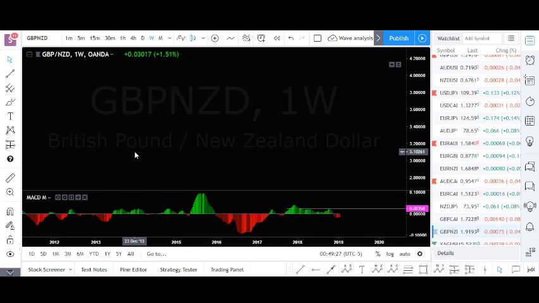Then we've got what we call a fib trade, the 618 trade, and then we have our aggressive strategy, which is more for advanced traders. I don't recommend the aggressive strategy if you guys are just starting out.